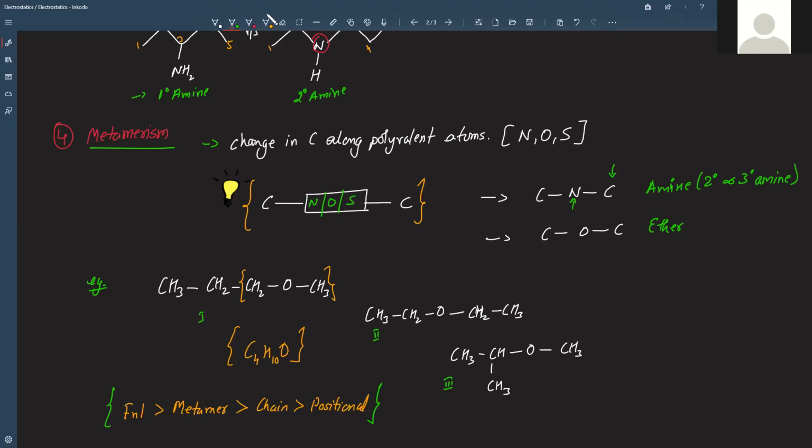That is the fifth type of isomers. We'll come to that as well. Is it clear? Yes, sir. So for a given molecular formula, there are multiple compounds possible, and multiple relations also possible due to multiple combinations. So that was about these four types of structural isomerism.